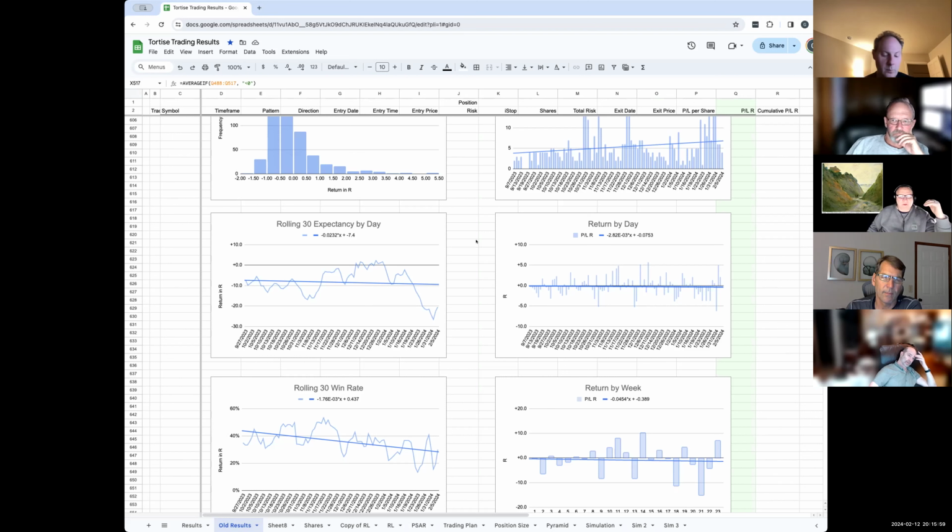And in the wins, am I letting them breathe, letting them go? On your winning trades, you want to look at your maximum favorable excursion while in the trade. Am I staying too long, or am I prematurely cutting them off? We can work on that in the near future.